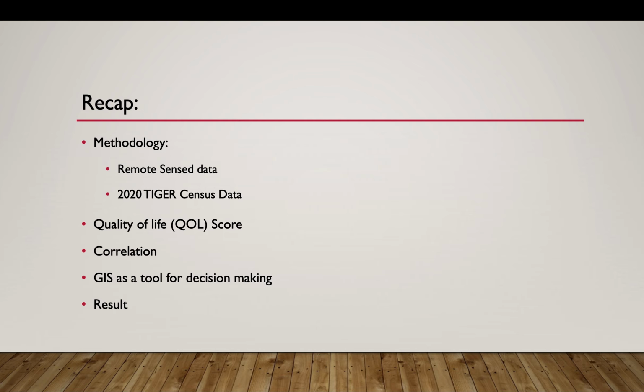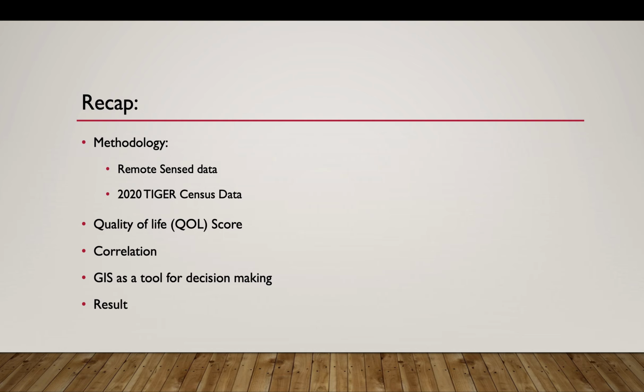For example, if you take the same methodology and apply it to a city that's not Indianapolis, for example a city like Houston, Texas, we are going to find a similar pattern where the areas with the highest quality of life score tend to be the ones with the highest GDP, the highest population, the highest income, and the most vegetation. It's a trend I can see being replicable, and the same correlation will show even if the city is different.